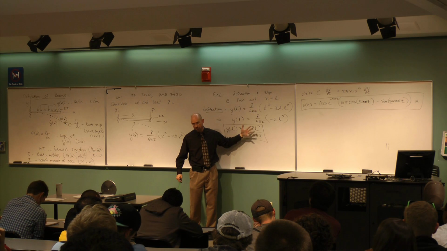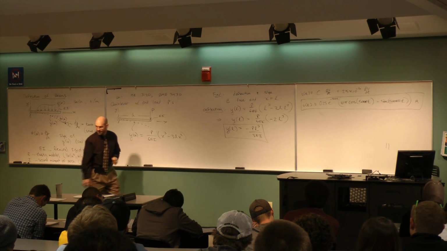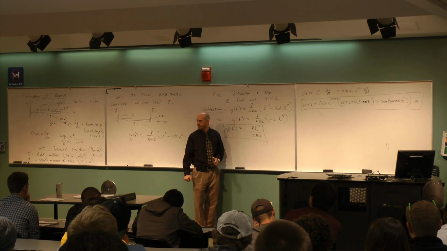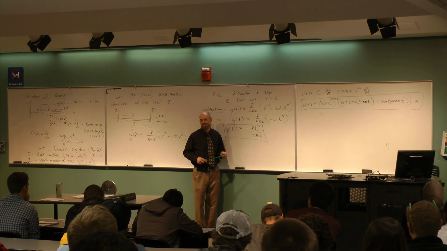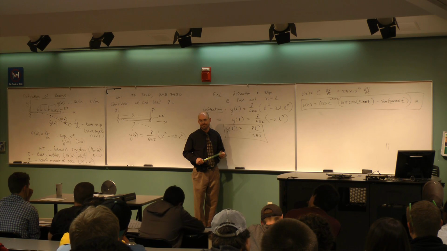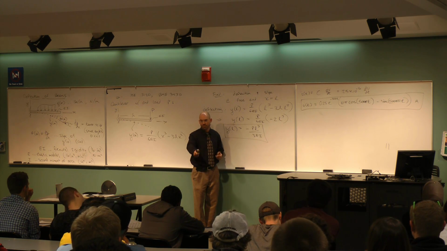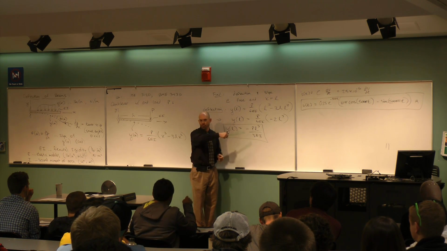Or I could change the length. What do I get more bang for the buck out of? If I cut the length in half, how much less is the deflection? Again, this is why we do problems with letters in them.